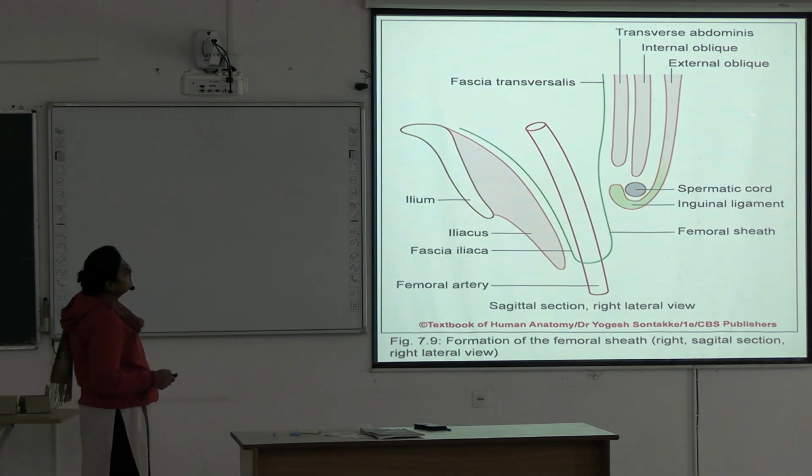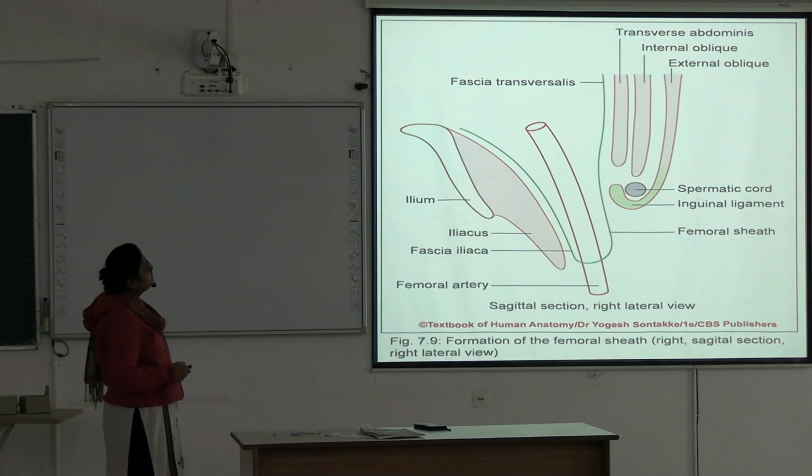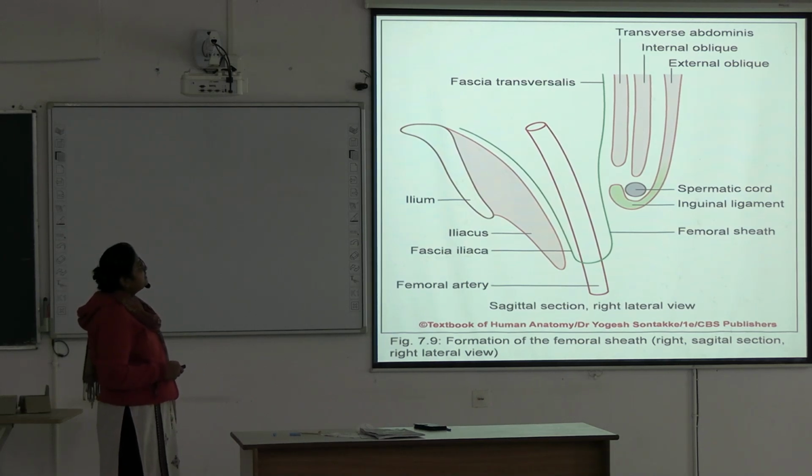See here, these are the anterior abdominal muscles. From anterior to posterior, these are external oblique, internal oblique, transversus abdominis. After that you get the fascia transversalis. Fascia transversalis is extended downward and forming the anterior wall of the femoral sheath. Here one femoral artery has been shown, which is a content of the sheath, and this posterior layer of the femoral sheath is formed by the fascia iliaca.